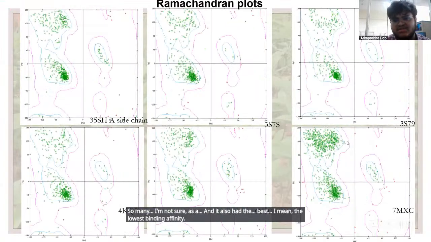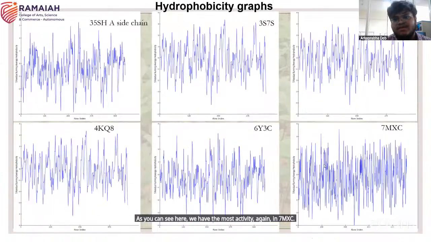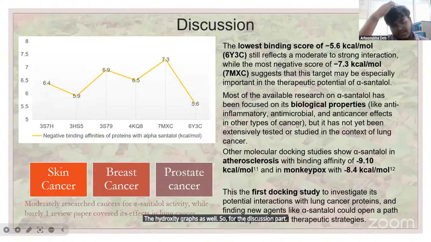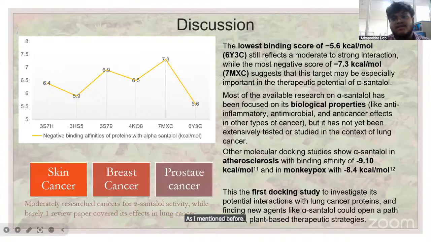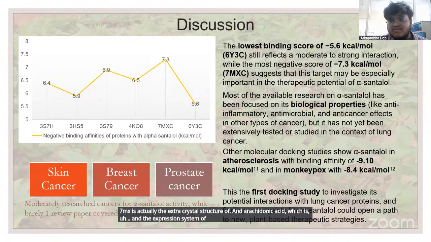These are the Ramachandran plots. As you can see, we have the most activity again in 7-MHC. The hydrophobicity graphs as well. For the discussion part, as I mentioned before, 7-MHC produced the best results. 7-MHC is the X-ray crystal structure of arachidonic acid, and its expression system is the Sf9 baculovirus system.